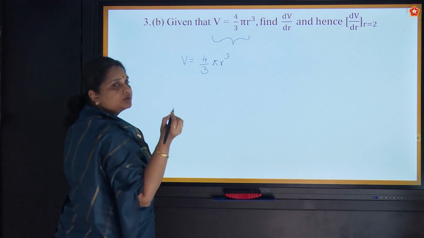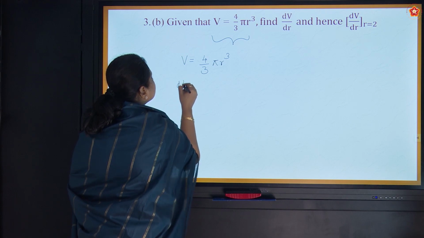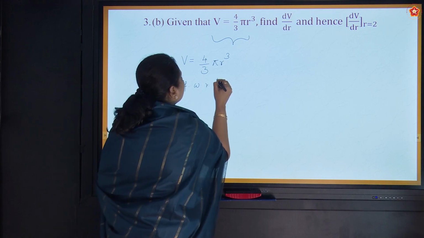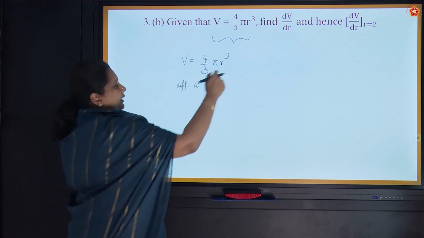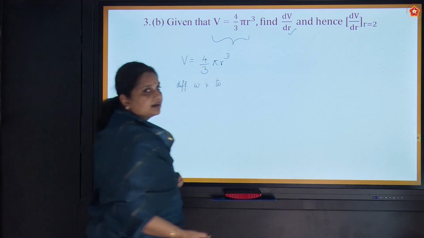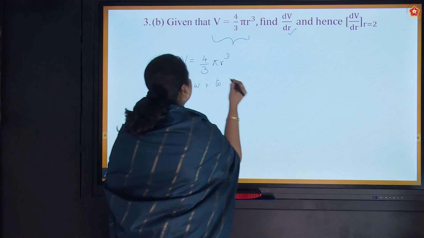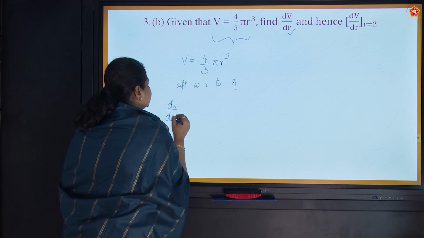Now let me see how to differentiate this. So let me differentiate this with respect to, always it is differentiated with respect to the independent variable. dr is what I am asked to find out. So differentiating with respect to r, v on differentiation with respect to r gives me dv by dr.